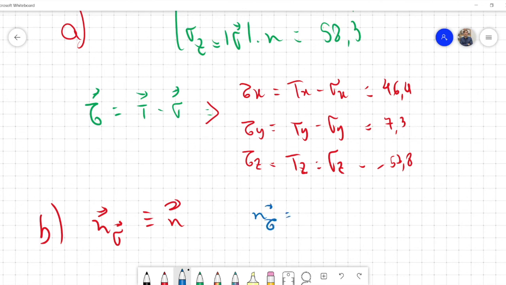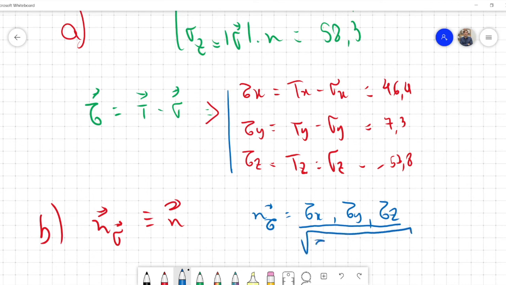If you divide each of the components we calculated over here, so this is valid for any vector in space. Okay, so if I divide each of these three components by the norm, or by the modulus of the vector, then we have the three cosines that define the orientation.